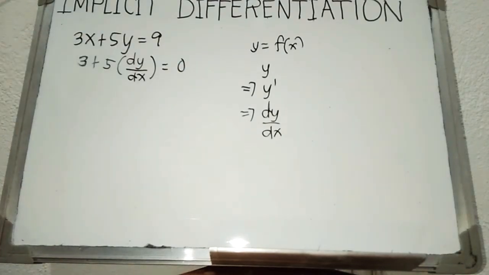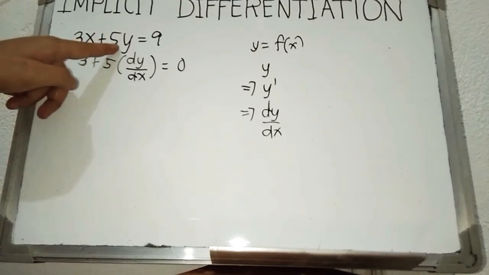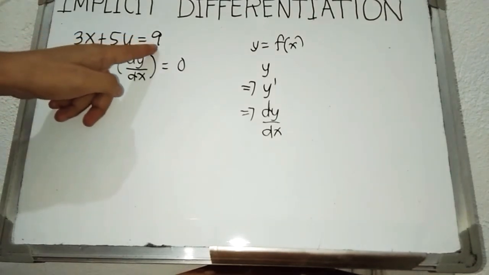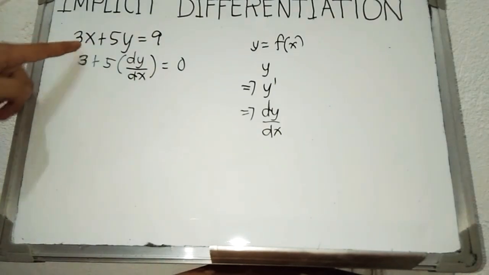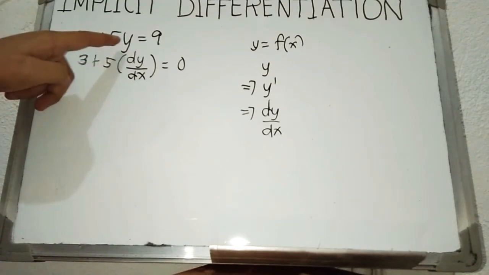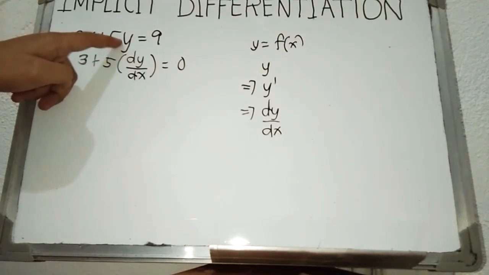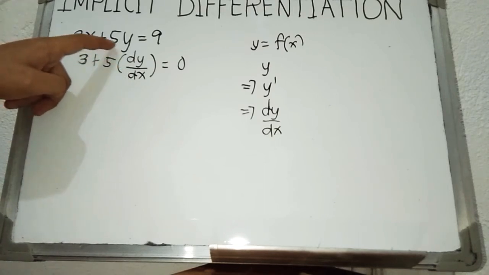In short, from this line, what we did is that we are going to get the derivative of every term of the function and also the derivative of the right side. So the derivative of 3x is 3. The derivative of 5y is 5 times the derivative of y, which is dy over dx, because this is constant times a function.